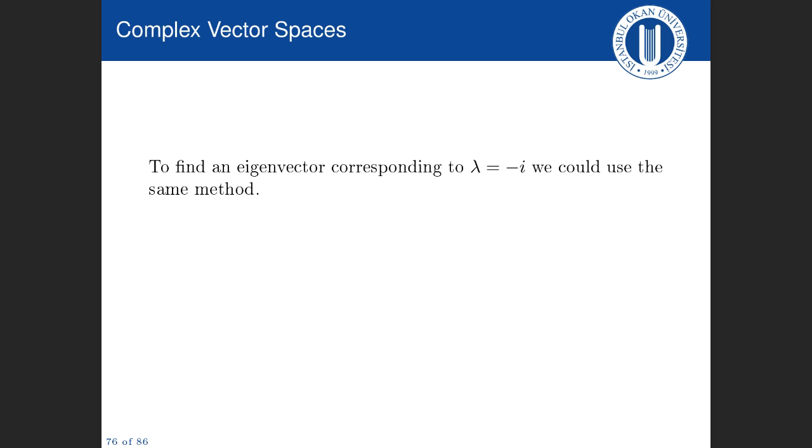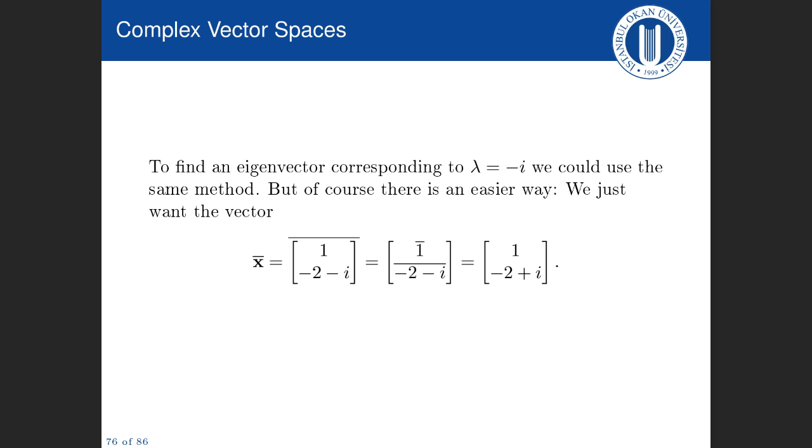Next, we need an eigenvector corresponding to −i. We could use the same method. We could use the equation for an eigenvector. But of course, there's an easier way. The theorem said all we need to do is take the complex conjugate of the first eigenvector. The first eigenvector was (1, −2 − i).